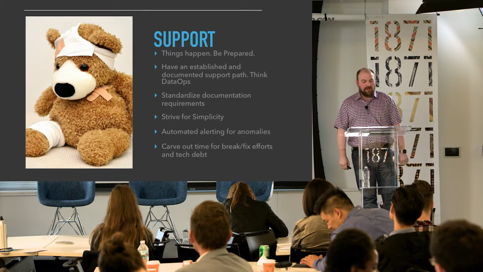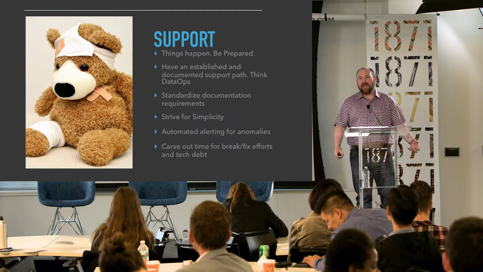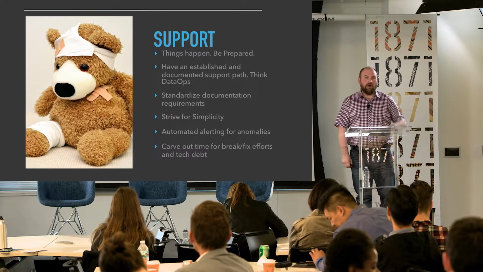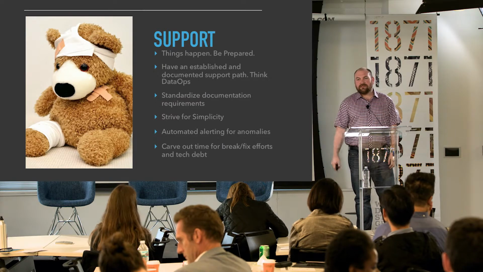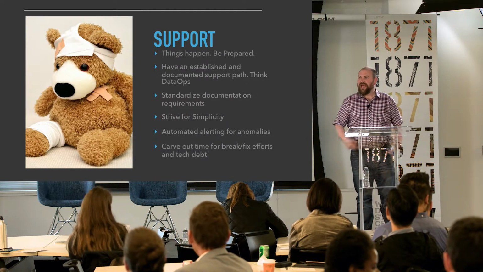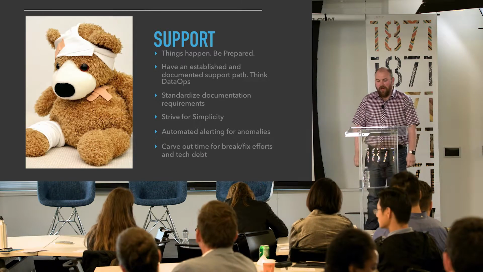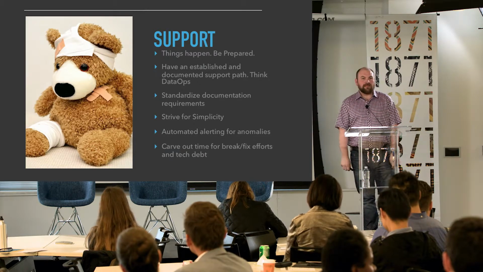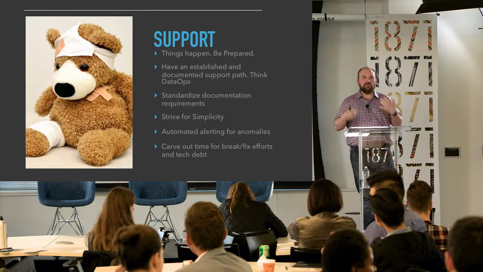And then finally here is be sure to carve out time for your break fix and your technical debt. It's one of the things that we all accumulate, and it's one of the things that we all forget to go back and fix. I like to say 10 to 20% of every release cycle, especially for our bigger products, are dedicated to break fix and technical debt. That way it doesn't accumulate too much.